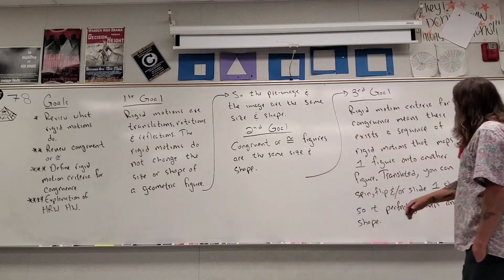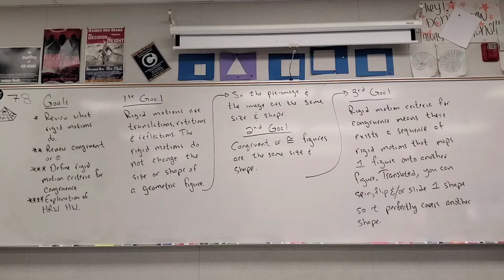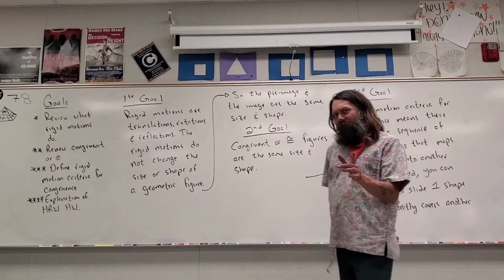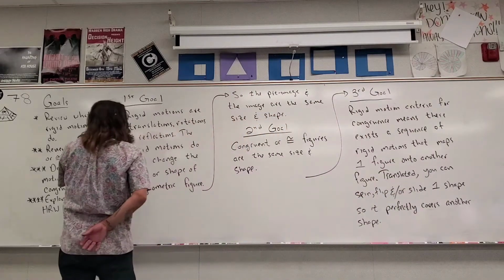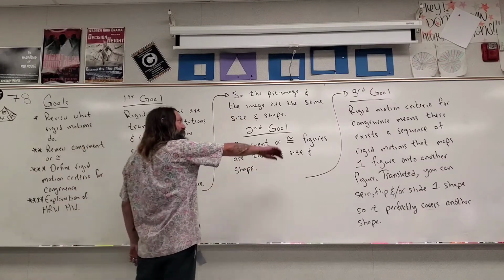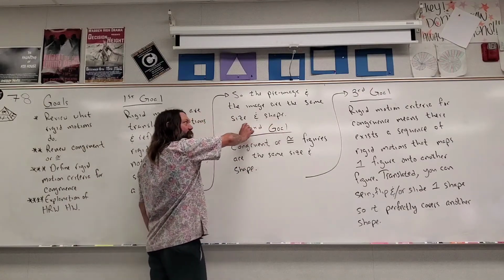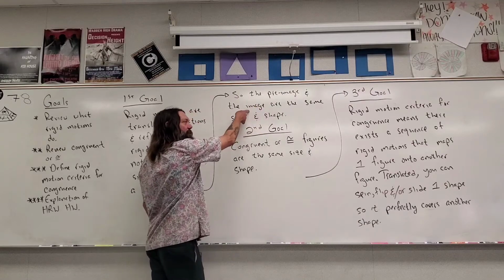All right, our third goal. Define the rigid motion criteria for congruence. So the rigid motion criteria for congruence means that there exists a sequence of rigid motions that maps one figure onto another figure. So let's go back to this. Rigid motions do not change the size or the shape of the pre-image and the image.